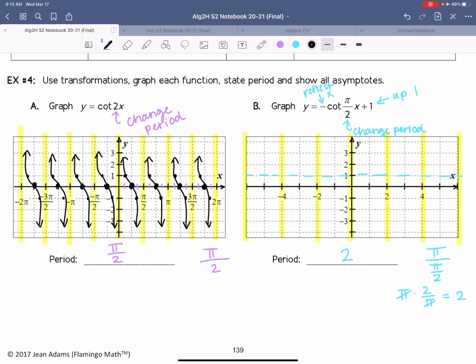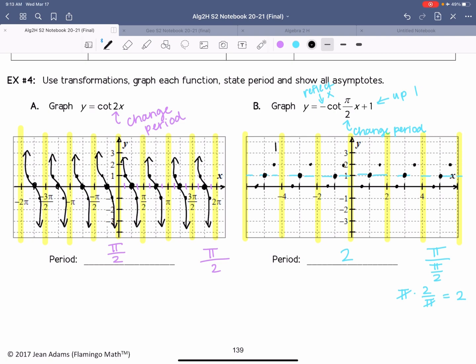Okay, so again, go in between, smack dab in the middle of all these vertical asymptotes, and put your quote-unquote zeros. Obviously, all of these are moved up 1, but you still get it. So put them on your midline. Okay, again, you're going to go right 1, and now we're going to go up 1. It's going in a positive direction. Splitting that area perfectly in half.